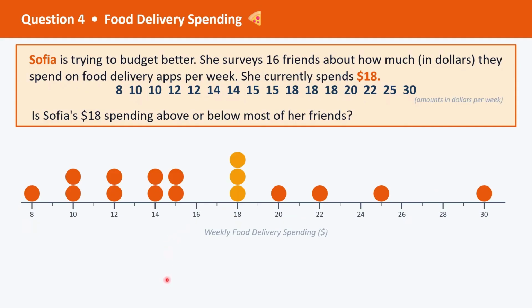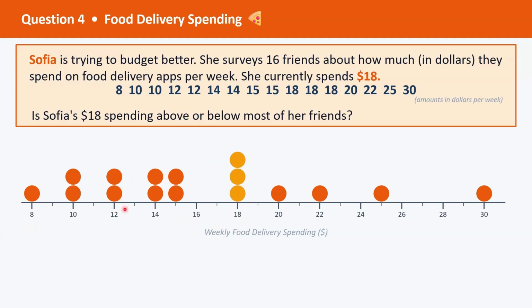What values appear most often? I see that 18 appears the most, so that's the mode. Most values are grouped between 10 and 20. Yep, that's our cluster.